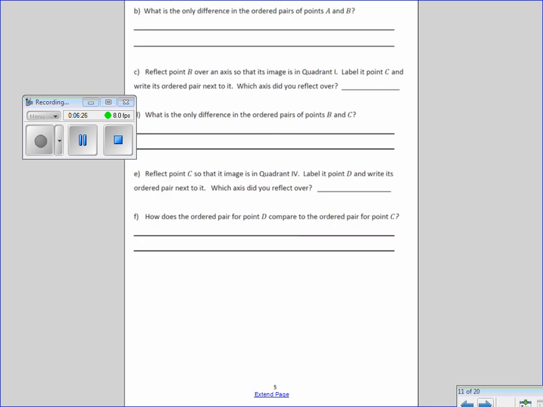What is the only difference in the ordered pairs of points A and B? Okay, Joe. In B, it's just 5, and in A, it's negative 5. In terms of coordinates, which one's the same, which one's different?